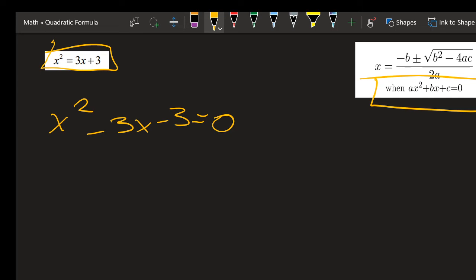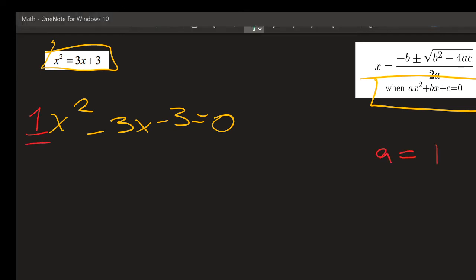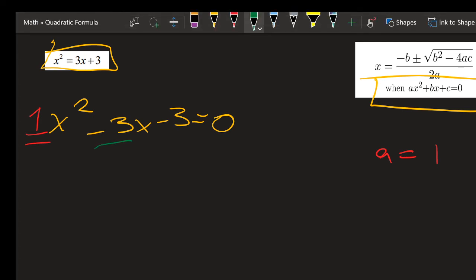Now from there, we can see that our variables are 1 for a, that b is negative 3, and that c is also negative 3.